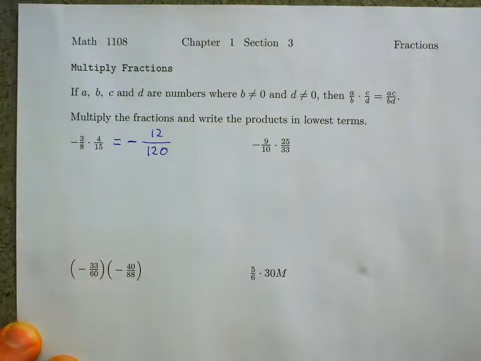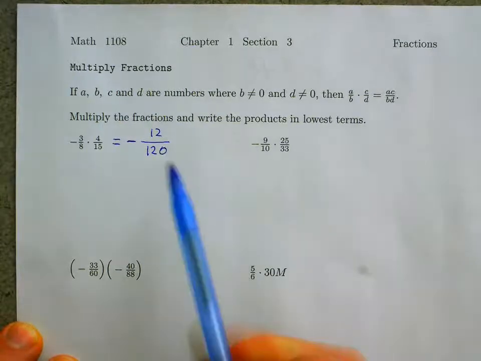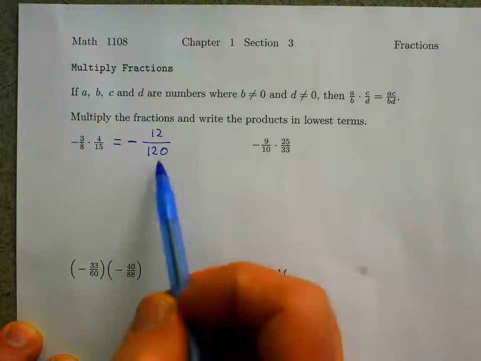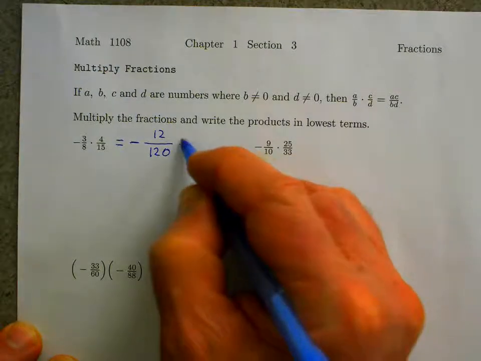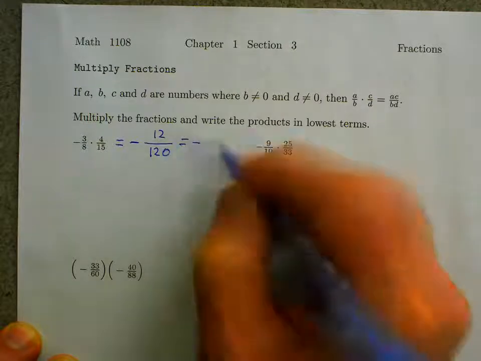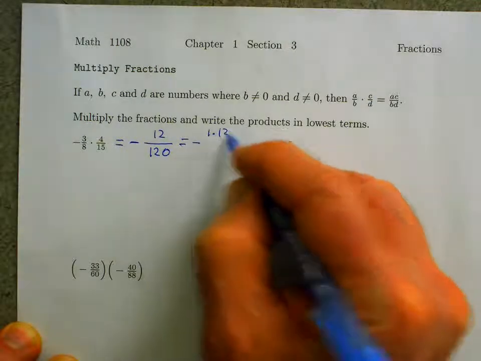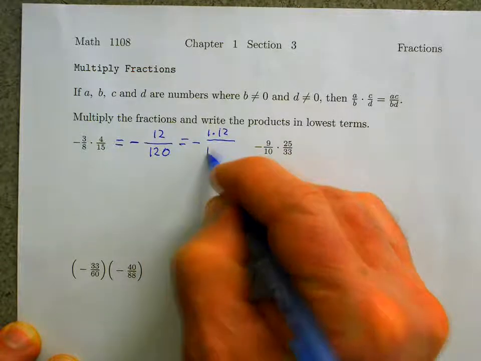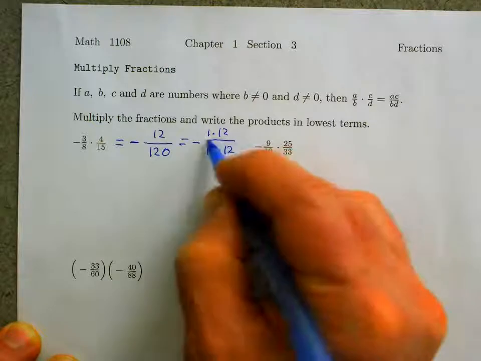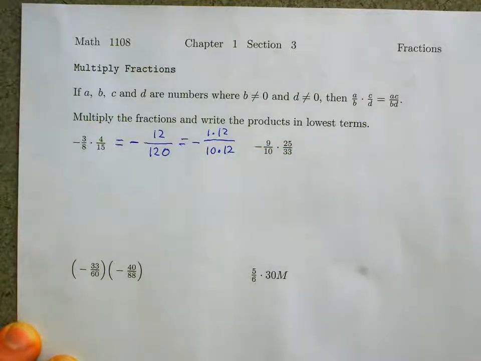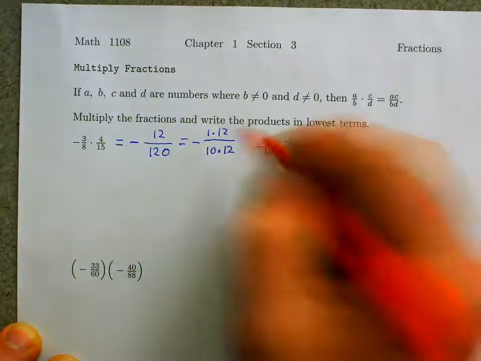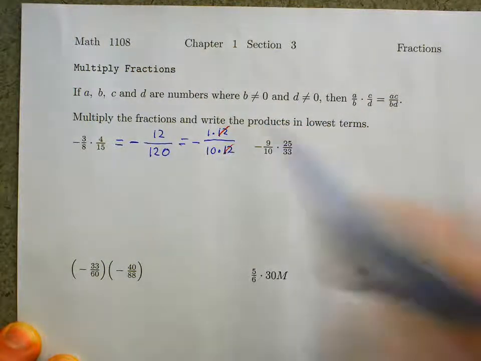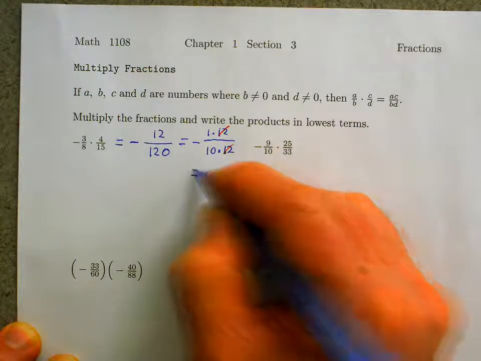And then write the fraction in lowest terms. Well, this one isn't too bad. Notice that 12 is 1 times 12, and 120 is 10 times 12, and 12 divided by 12 is 1. And so the fraction in lowest terms is negative 1/10.